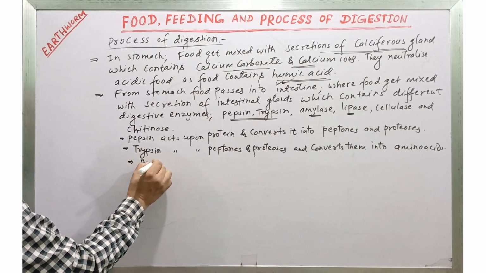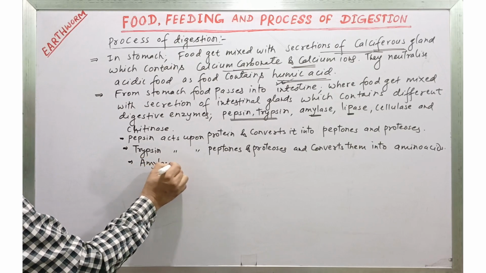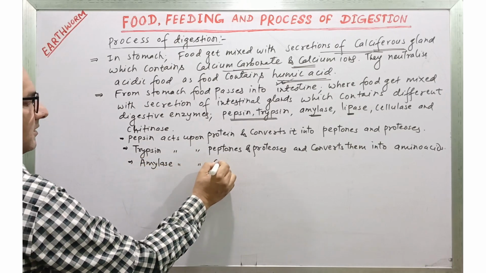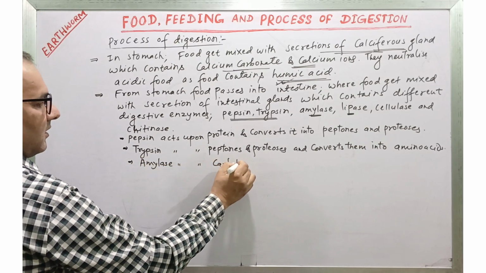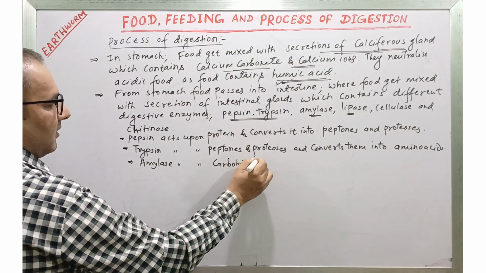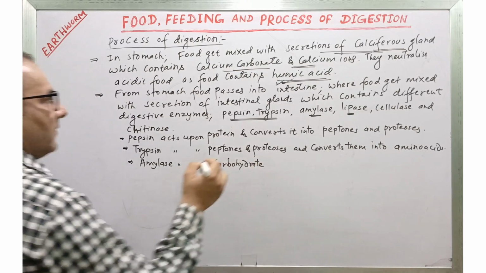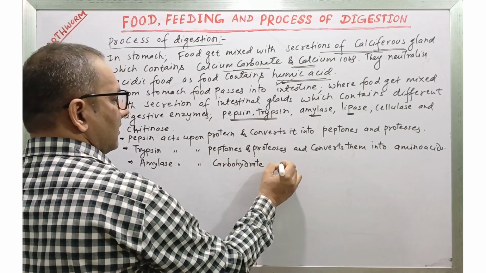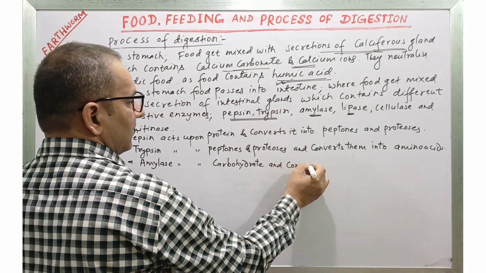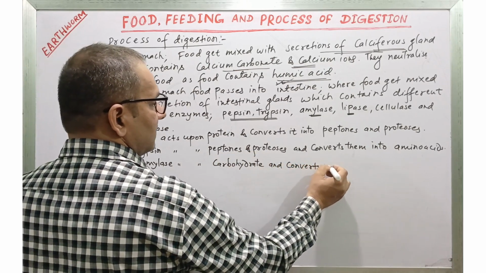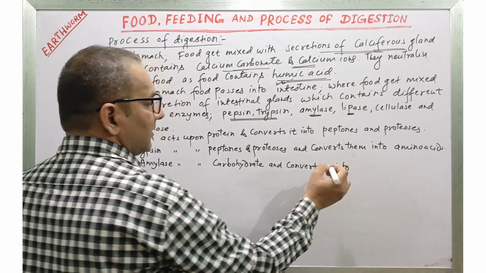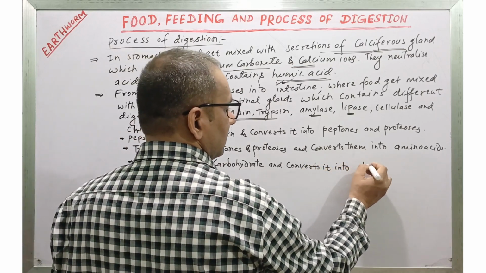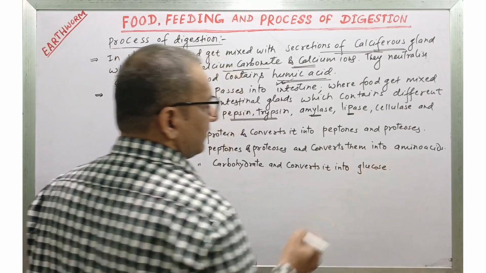Now the amylase acts upon carbohydrate and converts it into glucose.